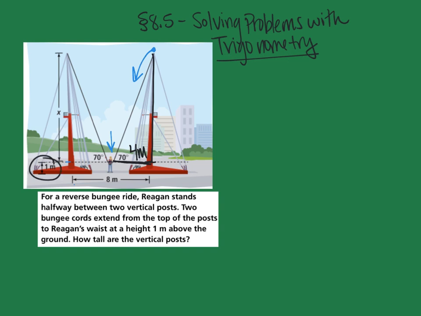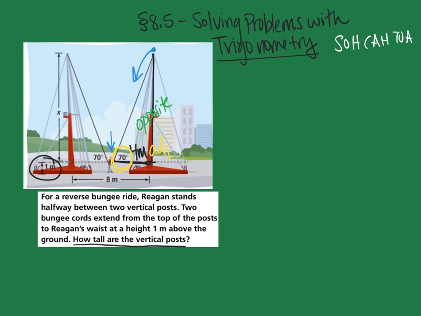Okay, so we're going to use trig to solve for how tall the vertical posts are. Here is our reference angle. We have the adjacent side, and we are looking for the opposite side. Opposite and adjacent, if we remember back in the last few sections, we had SOHCAHTOA.